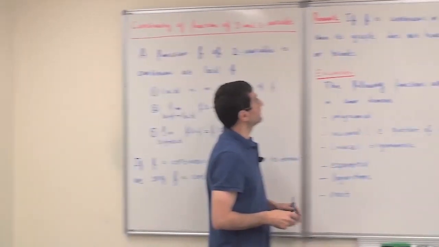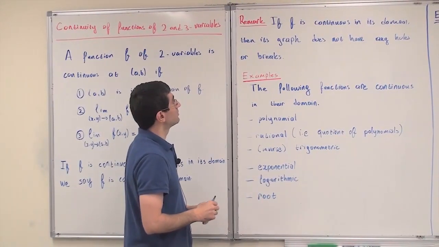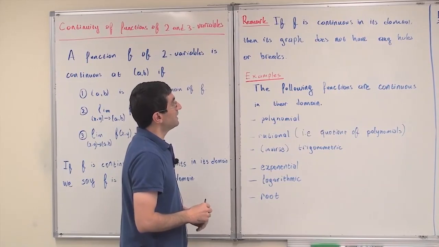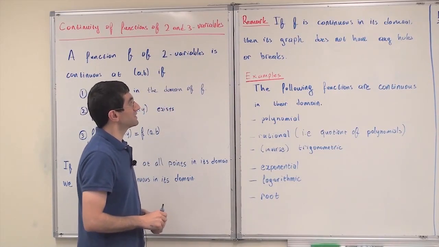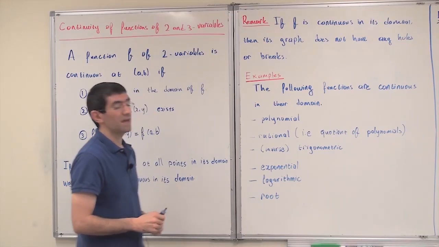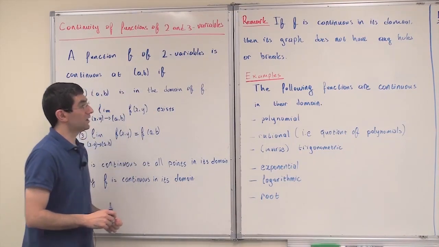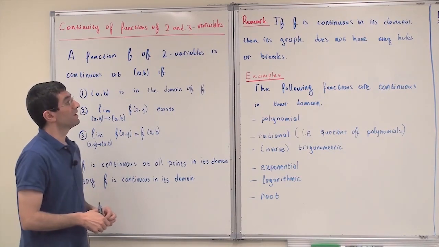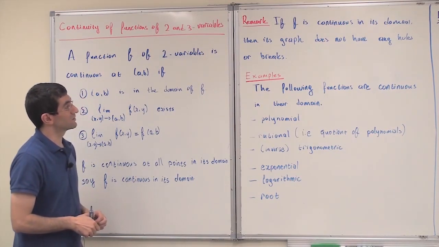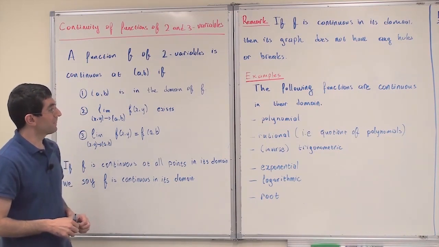I would like to remark that a function being continuous in its domain means that its graph does not have any holes or breaks, something similar to continuity of functions of a single variable.